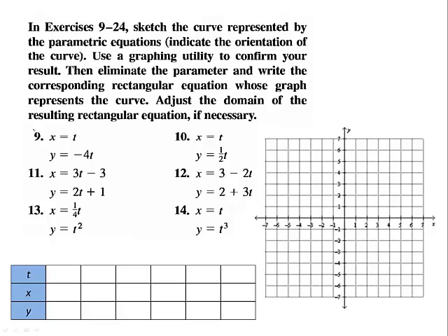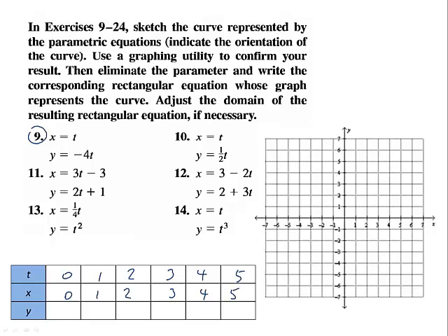Let's start with number 9. This is just a line, so I'm just going to use, let's say, 0, 1, 2, 3, 4, and 5. When I use these for t, I just get 0, 1, 2, 3, 4, and 5.